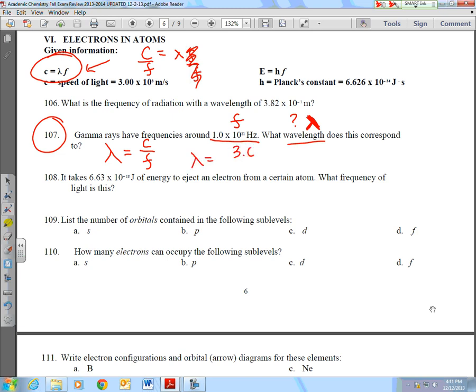C is the speed of light, which is always the same, 3.00 times 10 to the 8th, divided by the frequency, which is 1.0 times 10 to the 21st. They gave that to me. Put it in your calculator, and you have your answer.